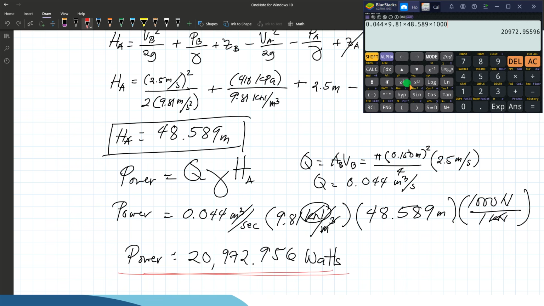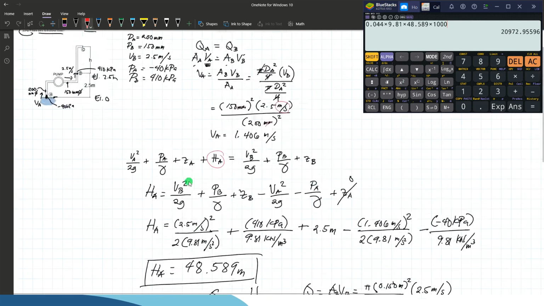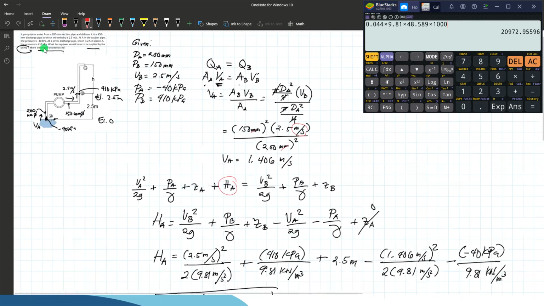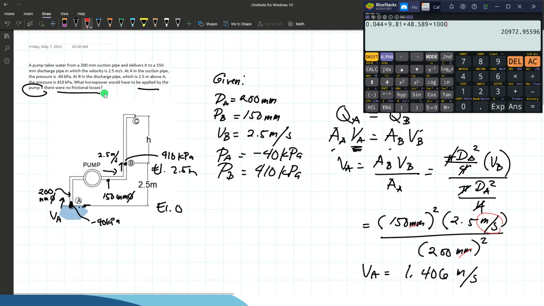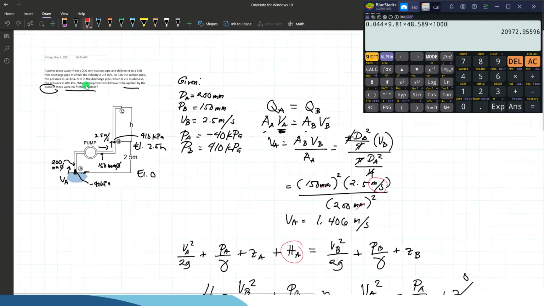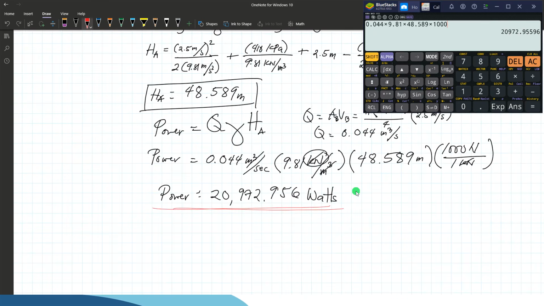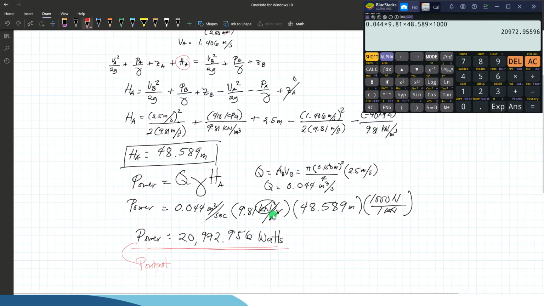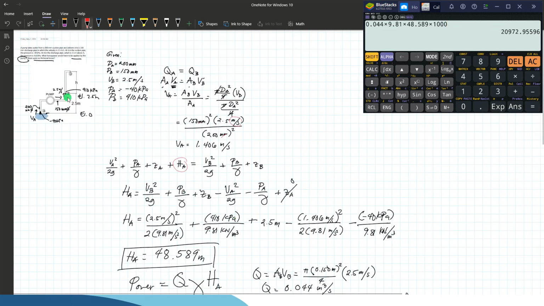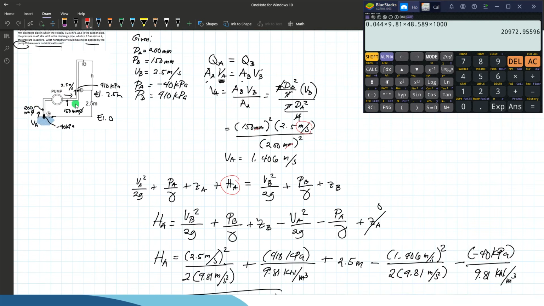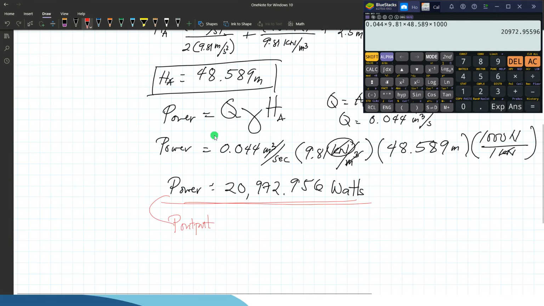Okay, that's the answer in watt. But the required here is in horsepower. This computed power here is our power output, because this is the actual power that is exerted by the pump on the liquid.